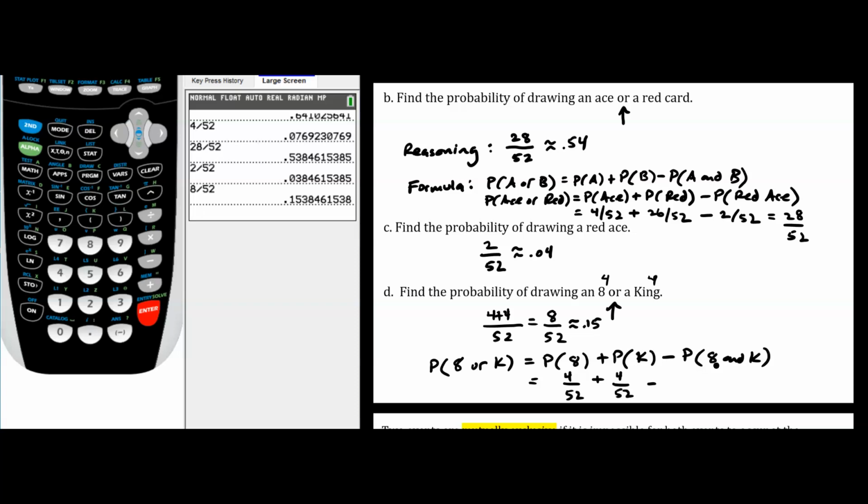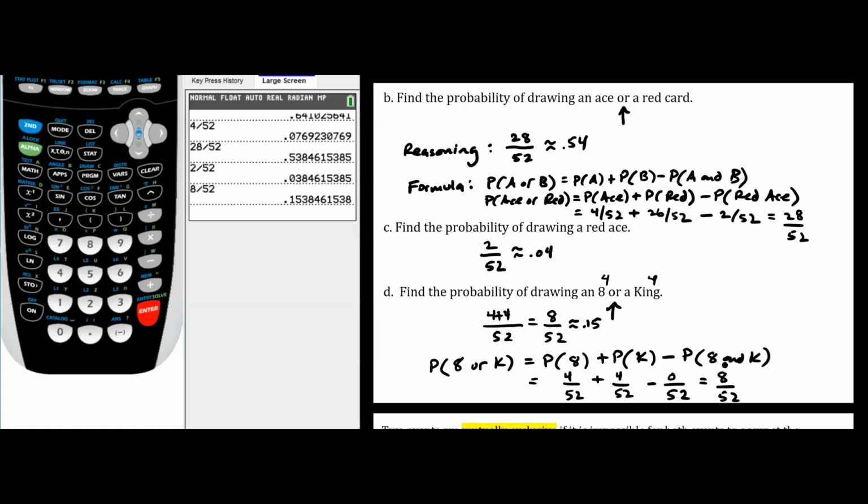What is the probability that you select a card that is both an 8 and a king? Well, that can't happen. So that probability is actually 0. And so you can see that even from this formula approach, we end up getting the exact same answer of 8 out of 52.